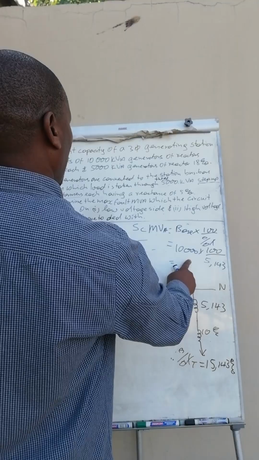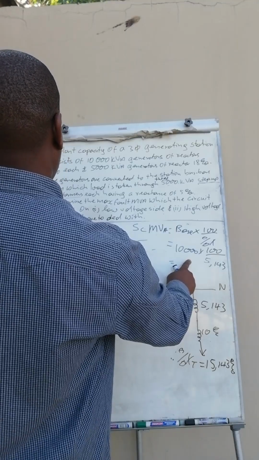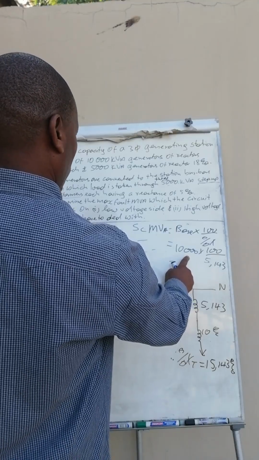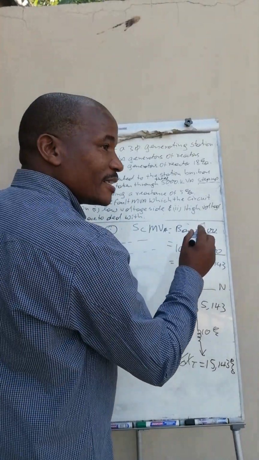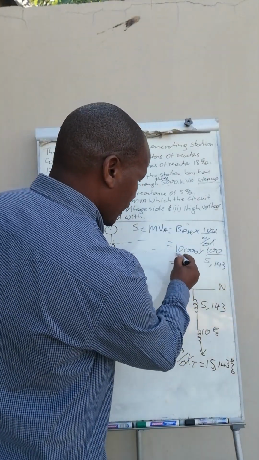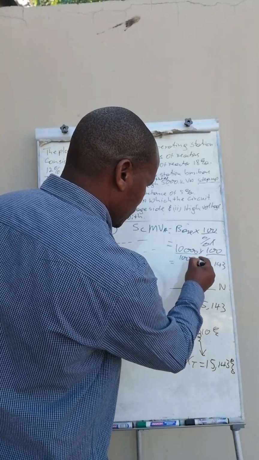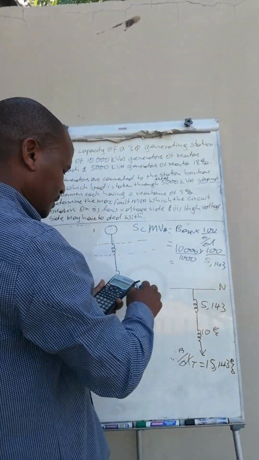We have chosen 10,000 kVA. Let's divide it by 1,000 to make it MVA.